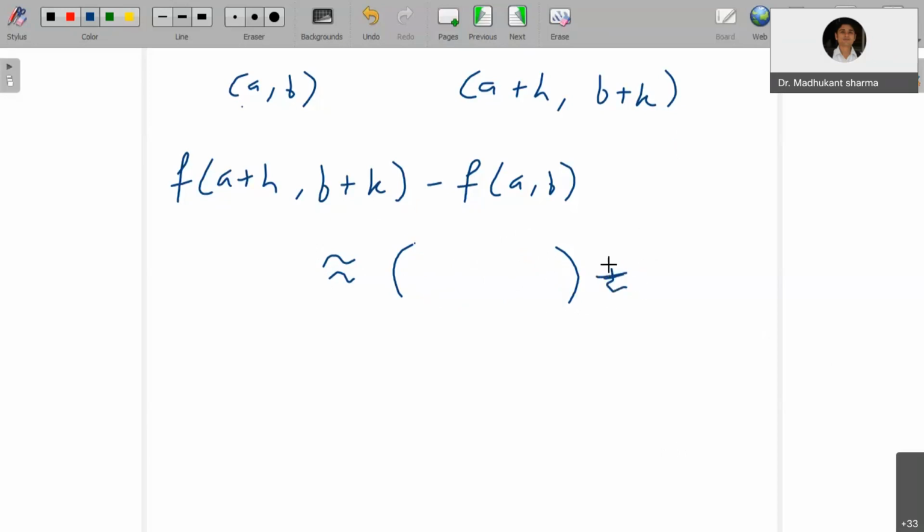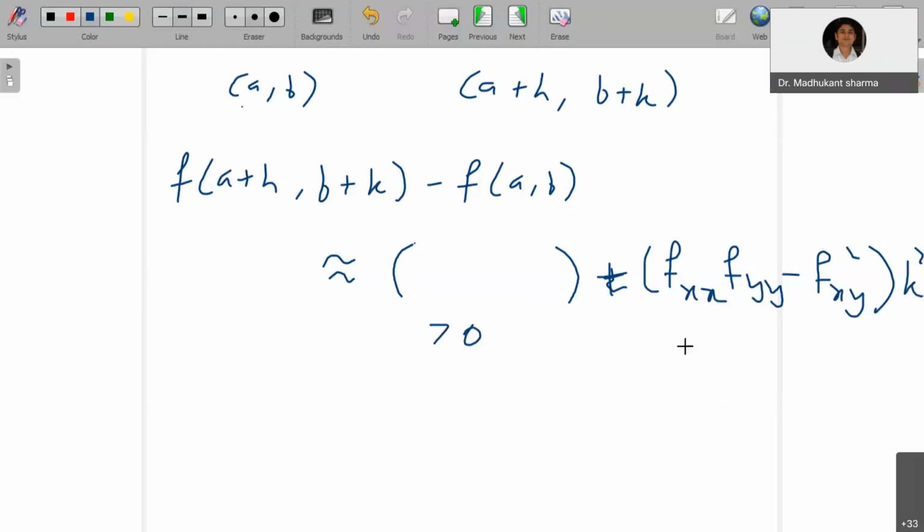Plus you will have this quantity, fxx into fyy minus fxy squared, times some k squared, which will come into the picture. So here is a positive term, always greater than 0. So if it is positive, this completely is positive. Did you get my point?